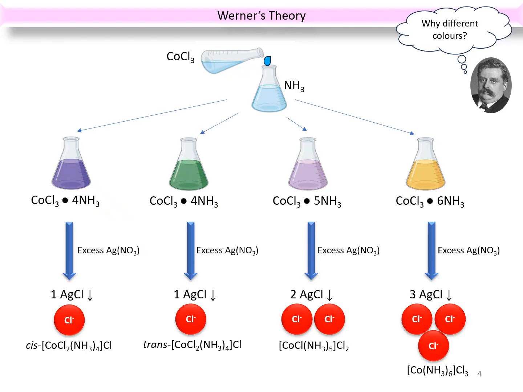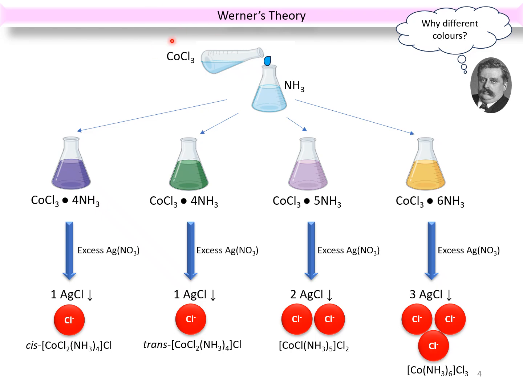Werner's theory was founded by Alfred Werner. The theory was to identify which ligand coordinates to the metal center. However, this theory was not able to justify why the difference in color occurs, and it also couldn't justify the directionality of the bonding.